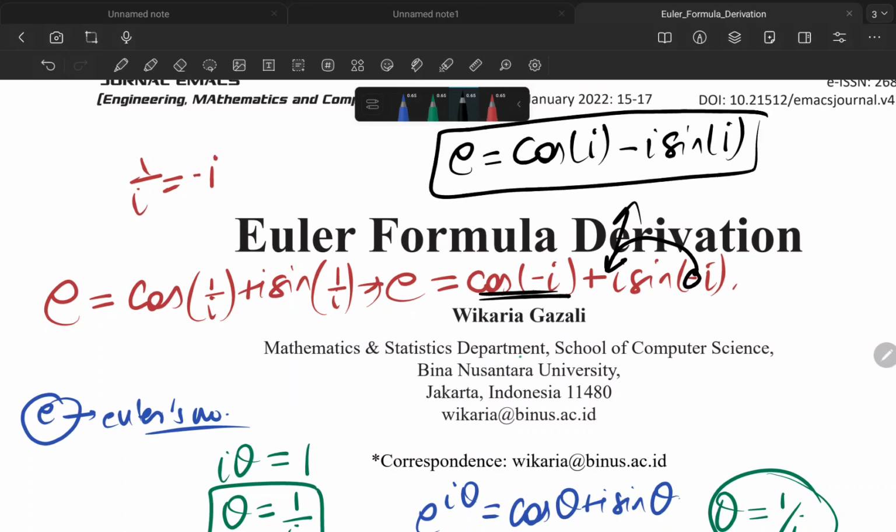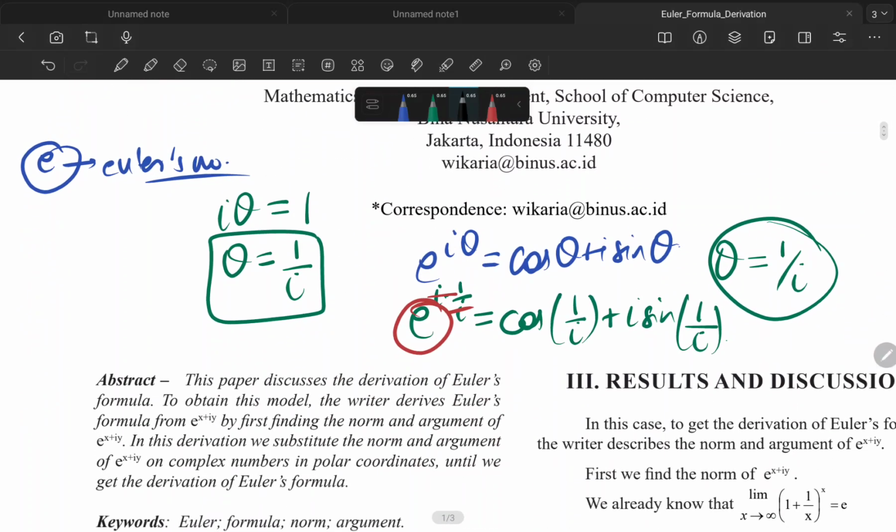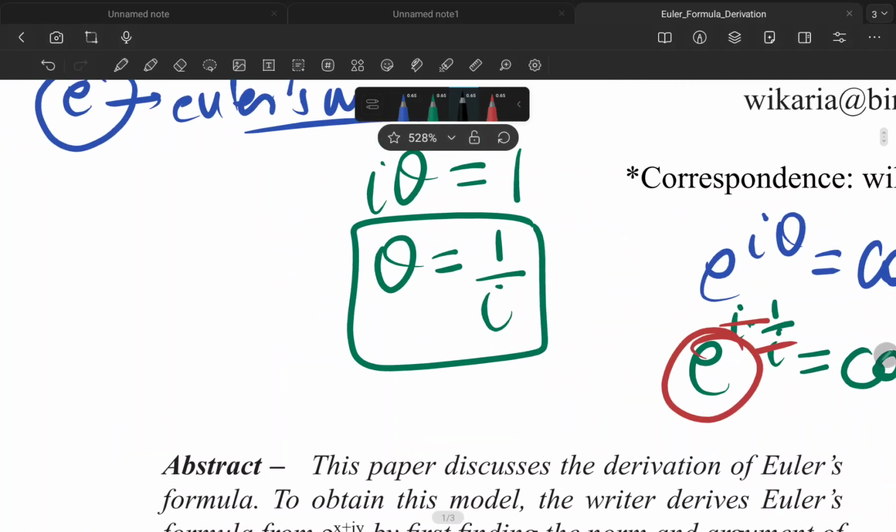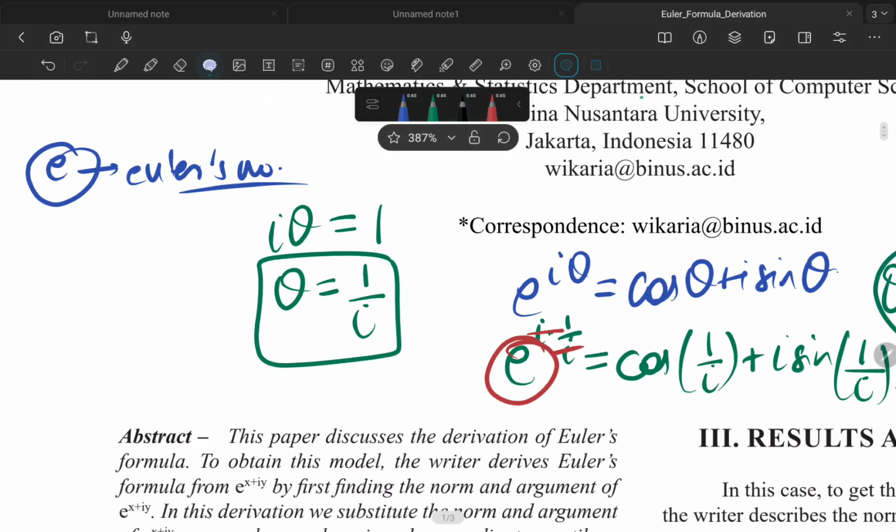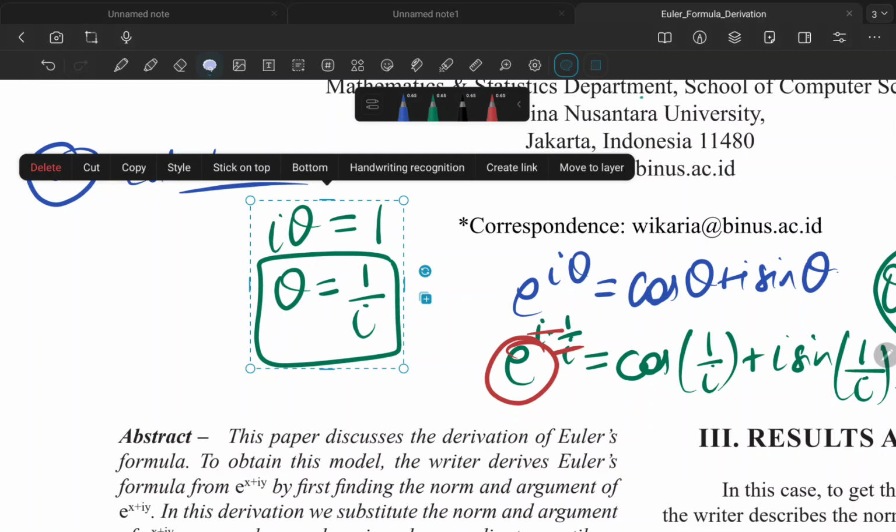So there is another representation of e that we have derived right before the proof of Euler's formula. You can represent e with trigonometric functions in the argument of i, right? So again, there is another representation of i, but let me erase all the stuff that I just spread over here.